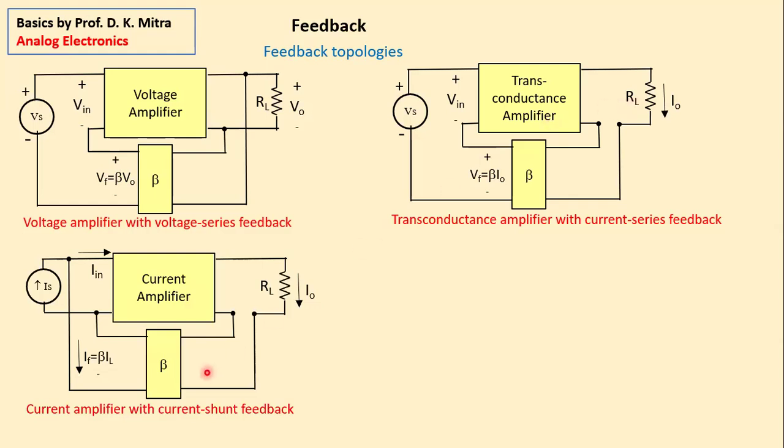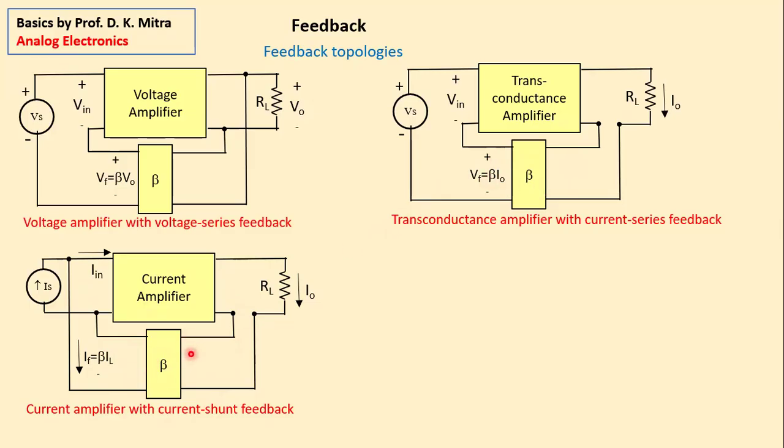Now, this is a current amplifier, where input is current, output is also current. And if I take a current feedback, then obviously the feedback line will be like this. Here the feedback circuit input was current, output was voltage.